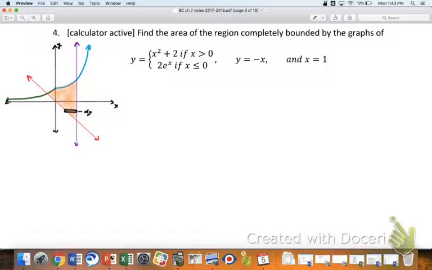From here to here, it's red line, purple line for my boundaries. From there to here, it's purple line, green curve, so that would be a second integral. And from there to here, it would be purple line, blue curve, determining my representative rectangle. So I'd have 3 integrals, not a million, just 3.